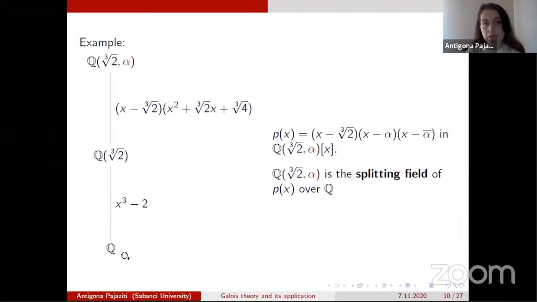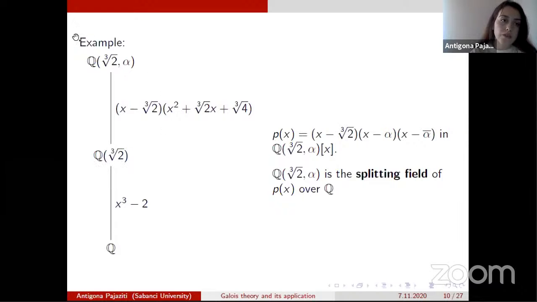As an example here, I gave x cubed minus 2, which is irreducible over the field of rational numbers by taking p equal to 2, then it follows by Eisenstein's criterion. One of the roots of this polynomial is the cube root of 2. Then we can adjoin this root to the rational numbers and create an extension in which this polynomial has a root. But still, this polynomial has a complex root that is not contained in the field Q adjoined with the cube root of 2.